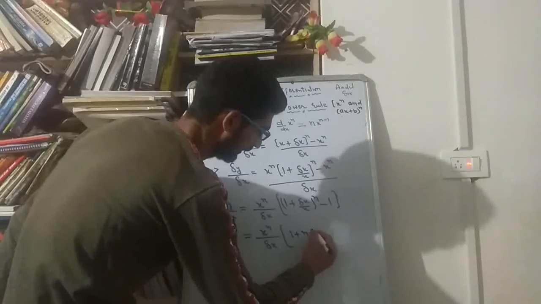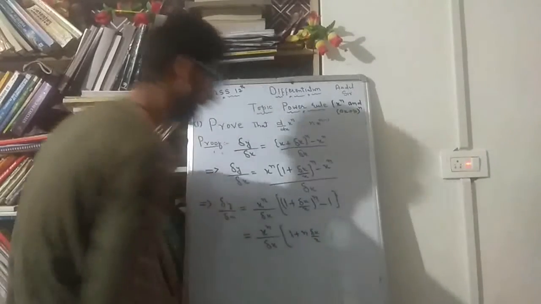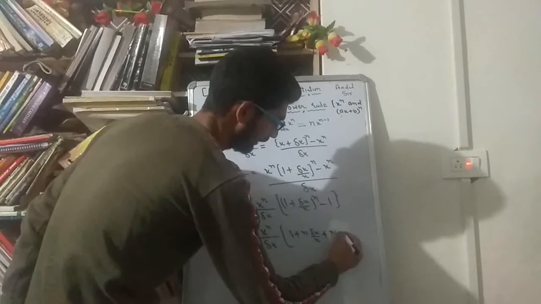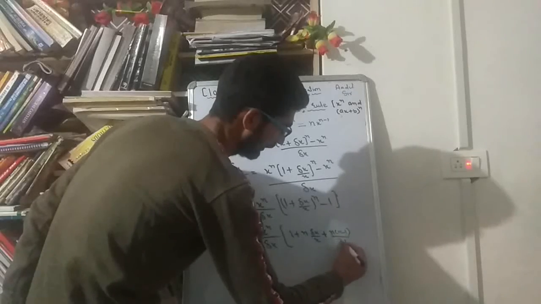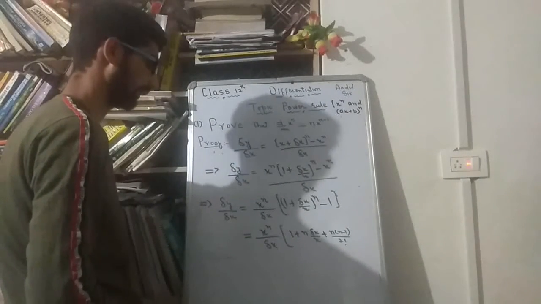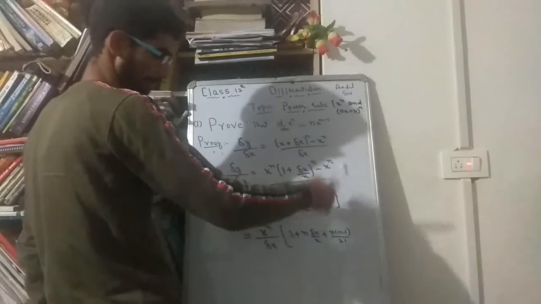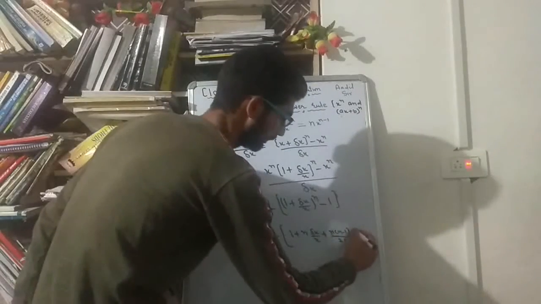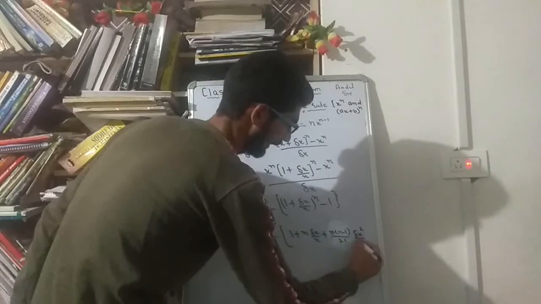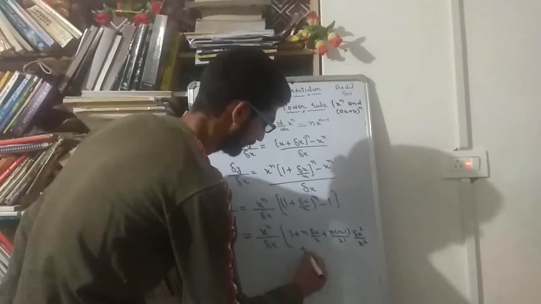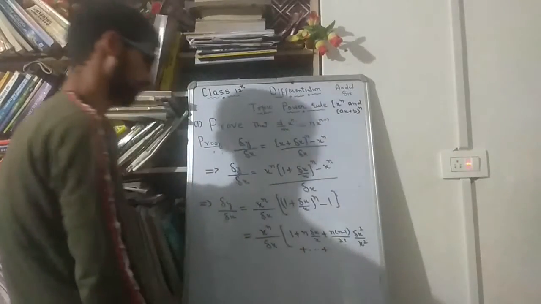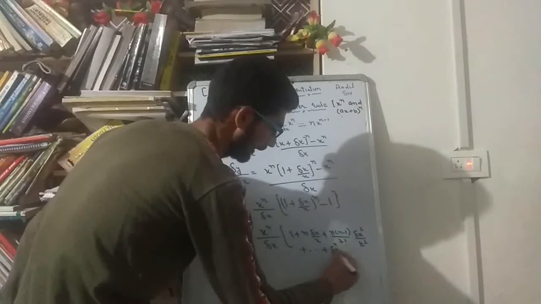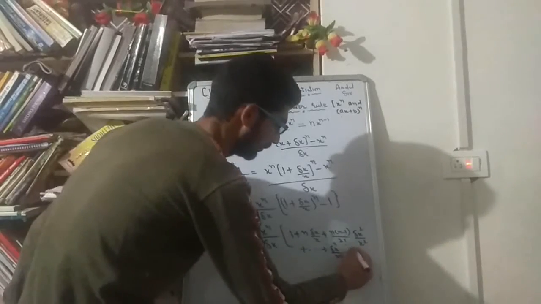That is del x divided by x, and then we have plus n into (n minus 1) divided by 2 factorial, and after that a squared, that is del x squared divided by x squared, and then plus so on, plus last we have del x^n divided by x^n, and then we have minus 1.